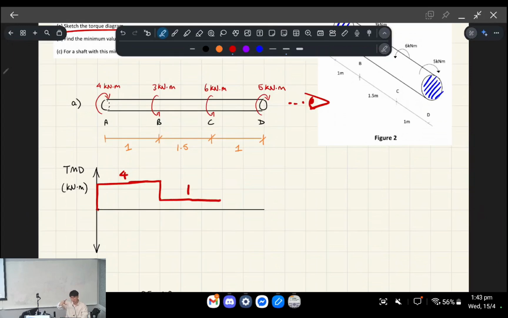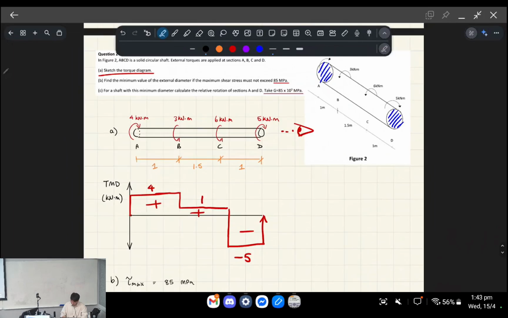Then if you further torque it 6, it brings you down here to -5. And then at the very end, it all reaches equilibrium because there's a restoring 5 kilonewton meter torque going clockwise. So that's the torque moment diagram.